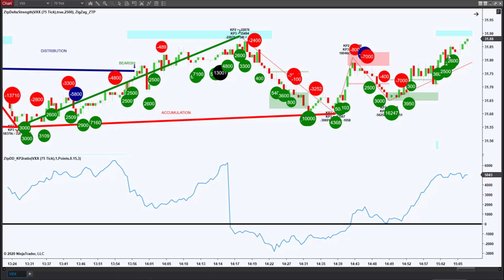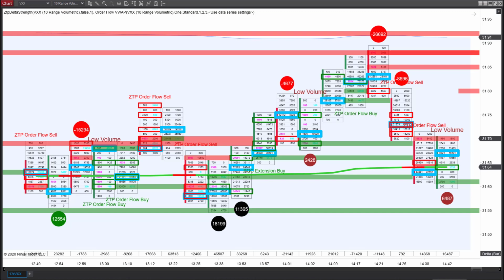So it's really important that you watch what the price is actually doing, and you also watch what the delta strength is doing on the order flow chart. For me, the important numbers come on the order flow chart.